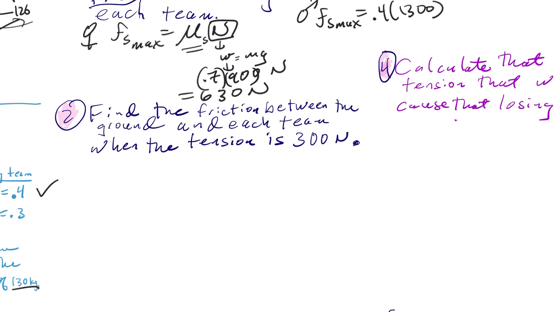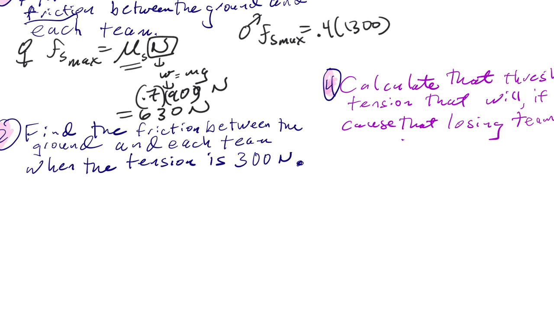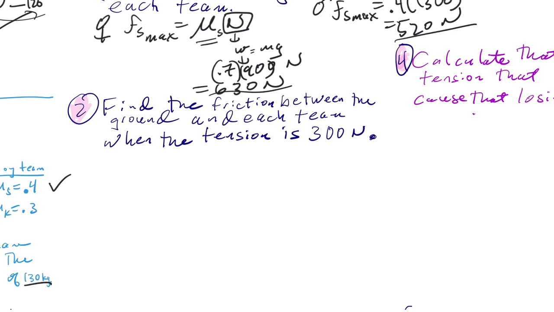Multiply that by 10 for the weight. So 0.4 times 1300, you get 520. Okay, so what team has more friction keeping them in place? The one with 520 or the one with 630? Well, the girls' team, the one with 630.